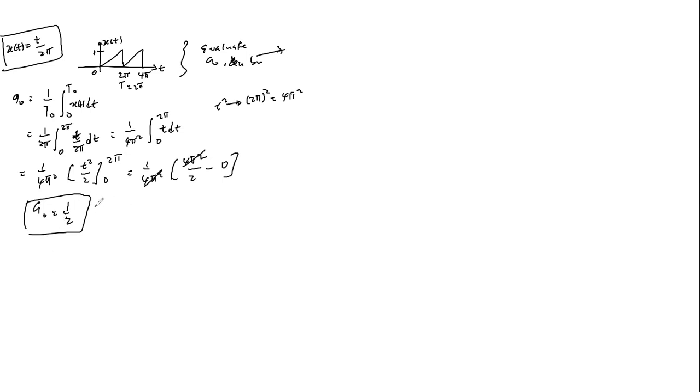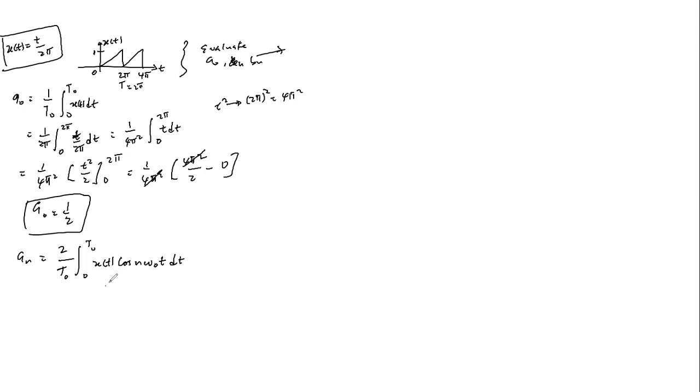Now An is the same as 2 over T naught integral 0 to T naught of s of t cos n omega naught t dt.